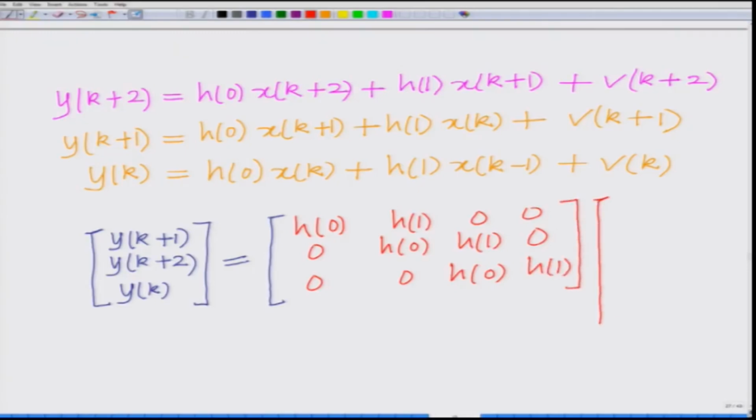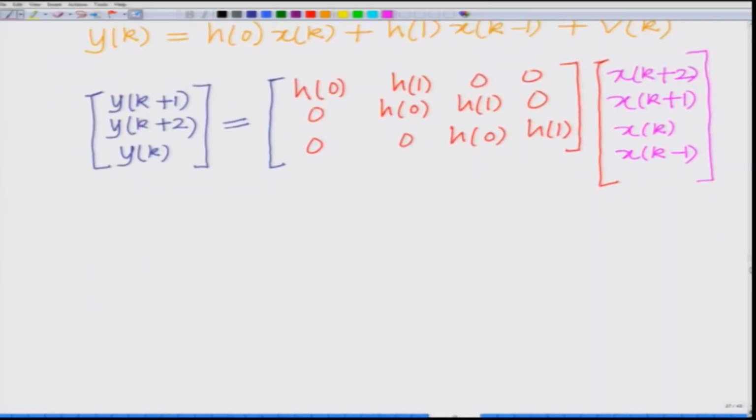This is the matrix H times the vector xk plus 2, xk plus 1, xk, xk minus 1, plus the noise vector, which is vk plus 2, vk plus 1 and vk.